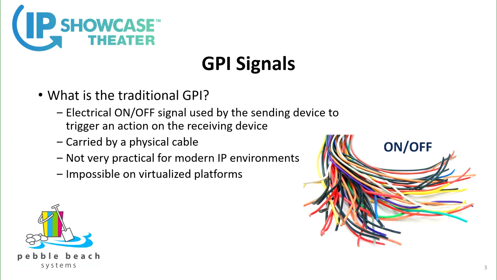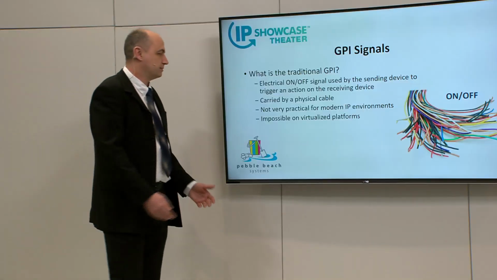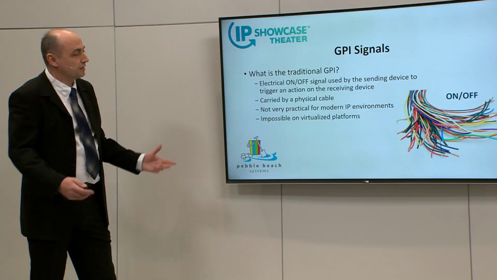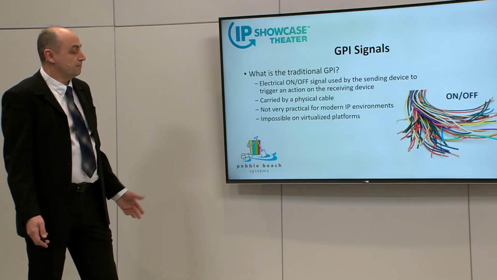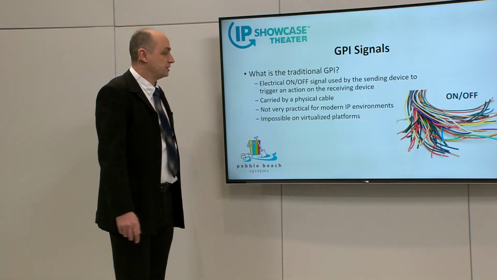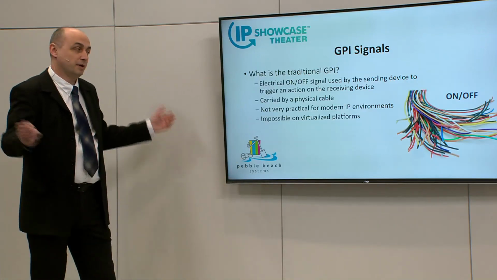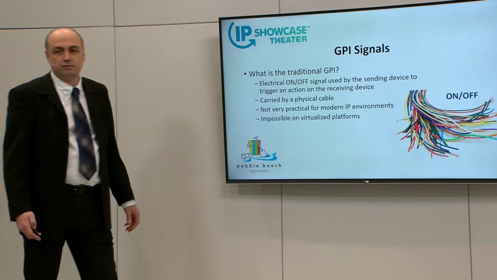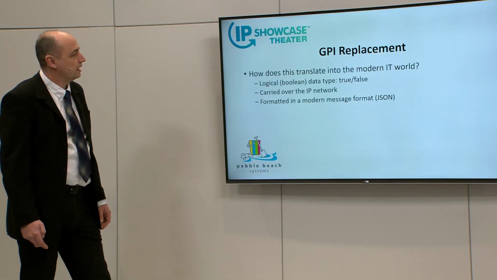Those are basically electrical signals going up and down, carried over cables, and that's not something that you can use in modern IP environments. If you have an IP facility on-prem, maybe you could run the wires, but it wouldn't make much sense, to be honest. If you go to virtualized platforms, especially public cloud, you won't be running cables in AWS, for sure. So we needed something to replace that functionality.